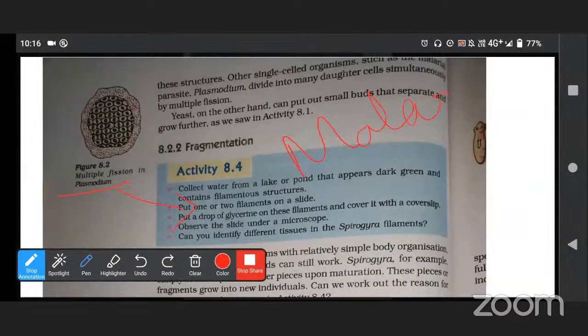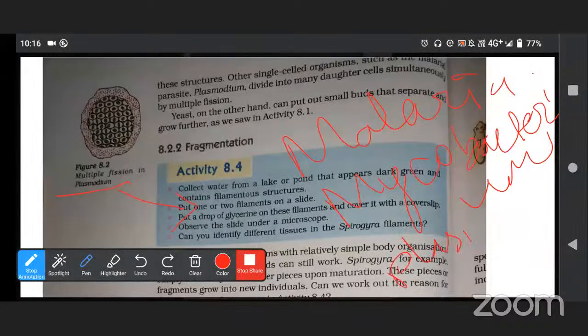Remember this: malaria disease is caused by Plasmodium. Leishmania causes Kala-Azar, and Plasmodium causes malaria disease.